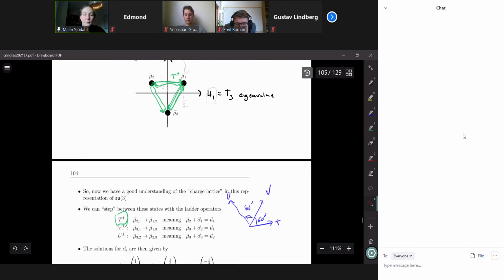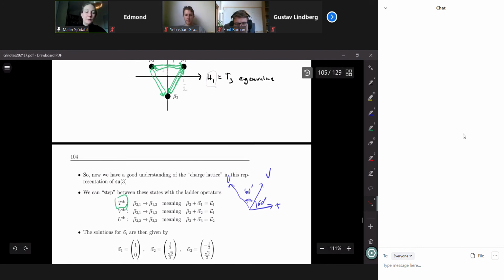So this t plus, say, it took us from here to here. So it took mu2 to mu1, or mu1 to mu2. So the lattice point mu2 plus alpha 1 must then be equal to the lattice point for mu1. So this means that we can solve for alpha 1, for example.